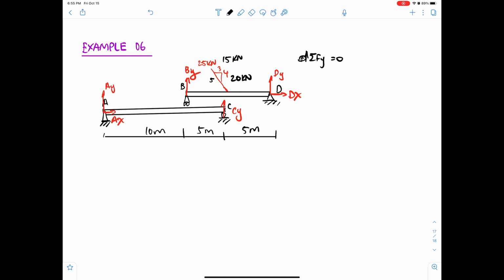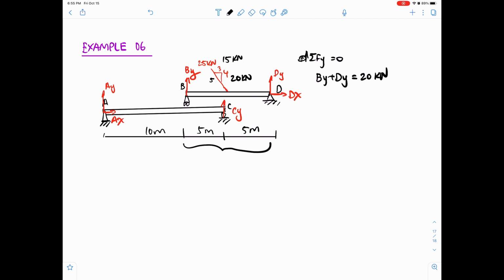So we get By plus Dy equals 20 kilonewtons. That makes sense. Two reactions, one load, and intuitively speaking, if you just have a load in the middle, it's symmetrical and therefore equal. This only applies when it's symmetrical, by the way.